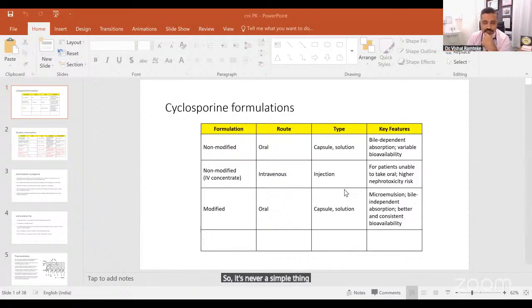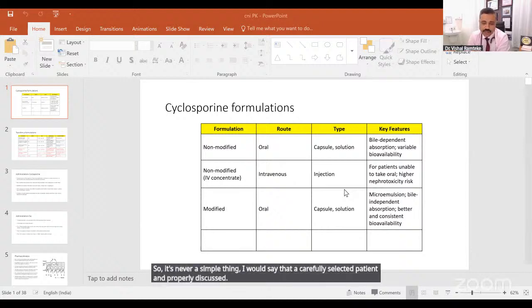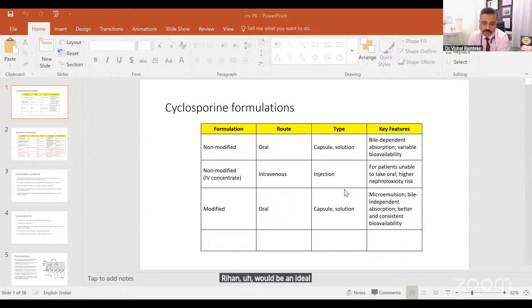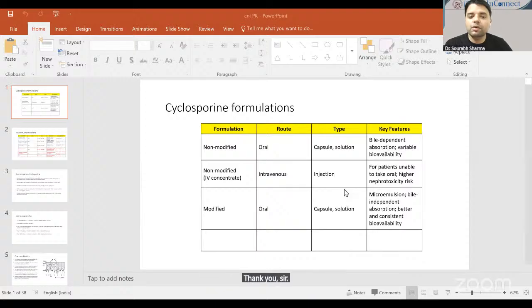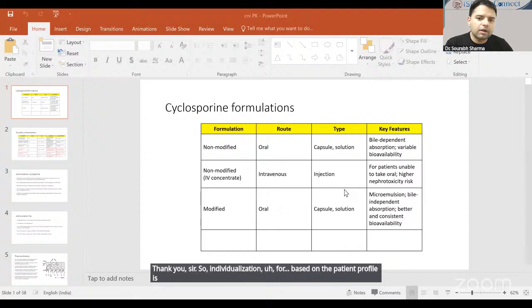I would say that a carefully selected patient and properly discussed beforehand would be an ideal candidate for proceeding with this. It's very tempting to have a drug which would improve the renal function, but it comes with drawbacks also. Thank you, sir. So individualization based on the patient profile is a valuable takeaway.